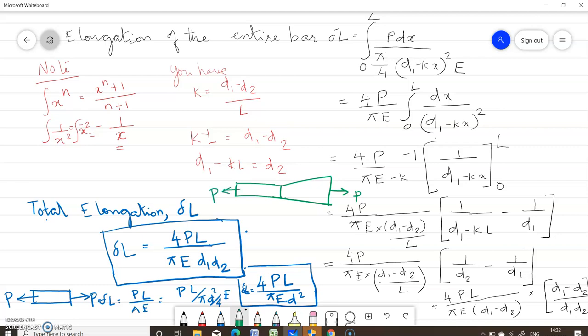In the first case you will have to use the first equation, 4PL by pi E into d square, and in the second case you will have to use the equation 4PL by pi E into d1 d2. So let this be d1, here the diameter is d1, and let this diameter be d2. In this case you have to use this equation. This is a question usually asked in university examinations, so you have to learn this equation by heart also.